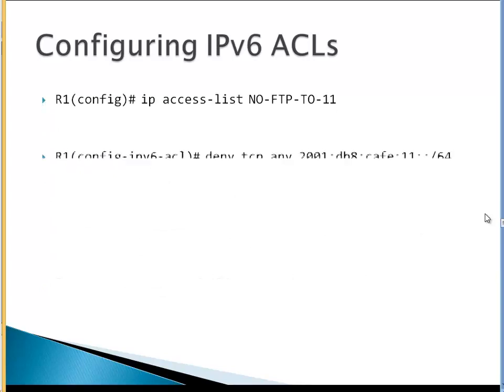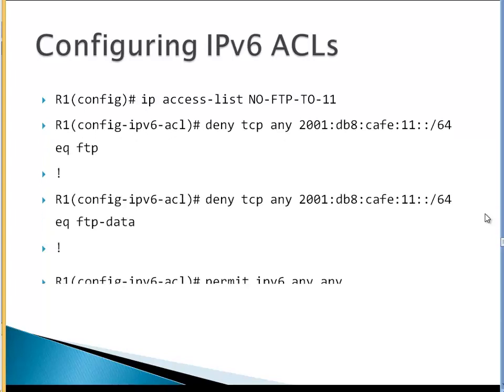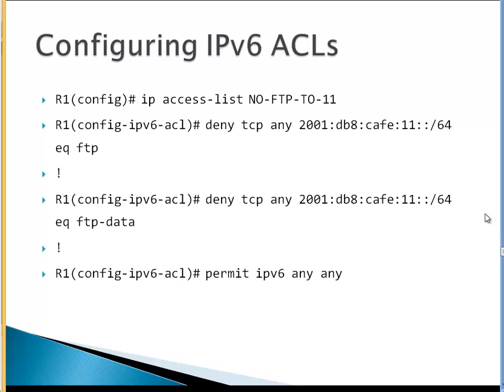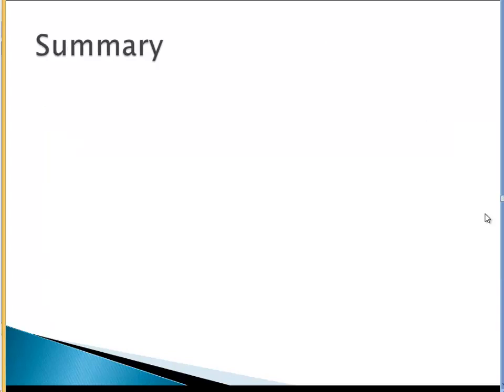So IPv6 access list no-FTP, deny TCP, other deny statements, then a permit statement, and the implicit deny is there as well. Then you bind them to the interface, or you link it to the interface. IPv6 traffic-filter no-FTP in.